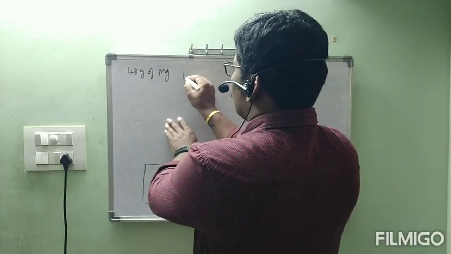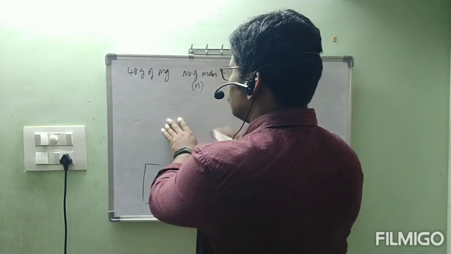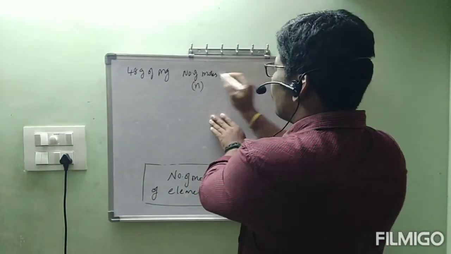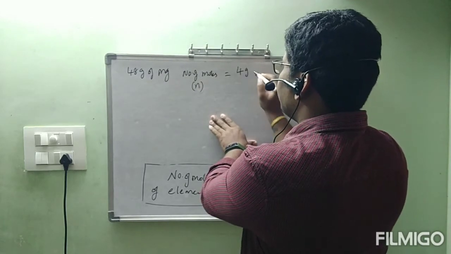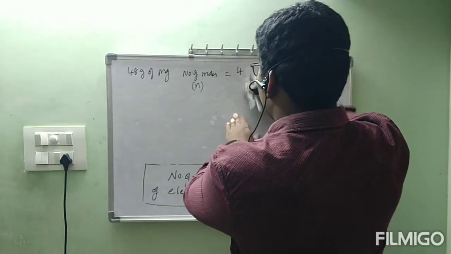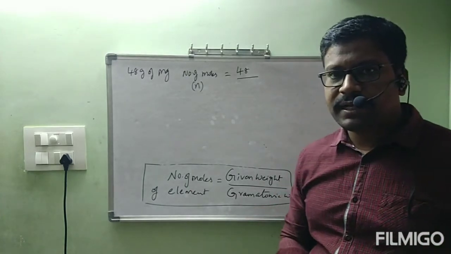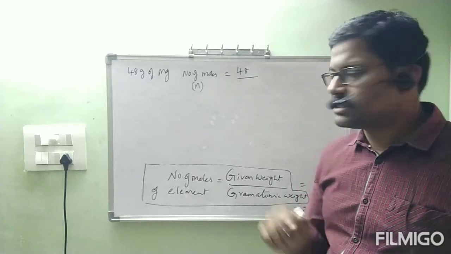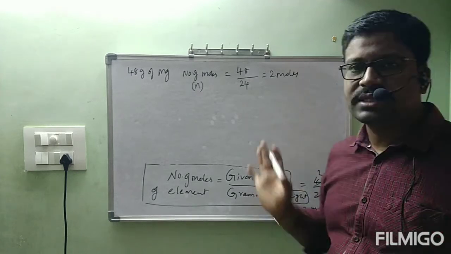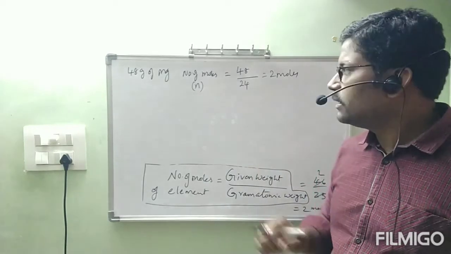Number of moles, represented by small n, equal to given weight 48 grams, divided by the gram atomic weight of magnesium. Check in your book, it is 24 grams. Write 24. This is equal to 2 moles. Simple. So 2 moles of magnesium. Okay, next question.